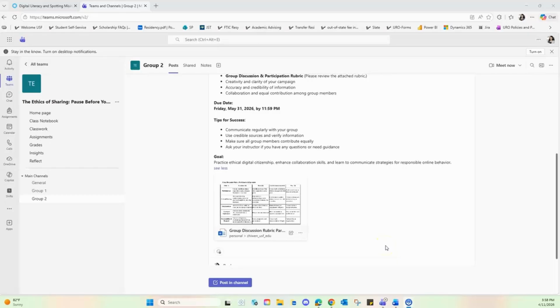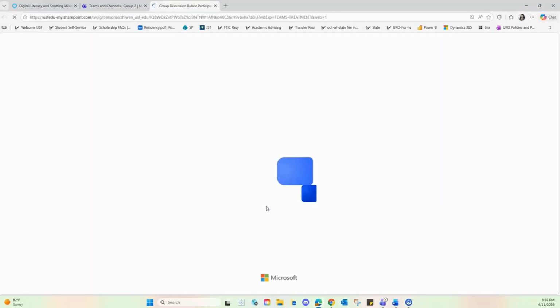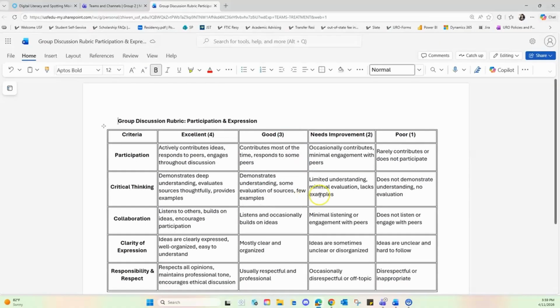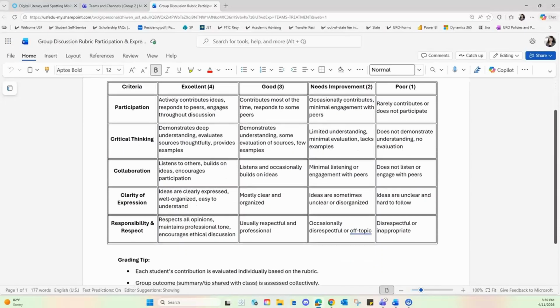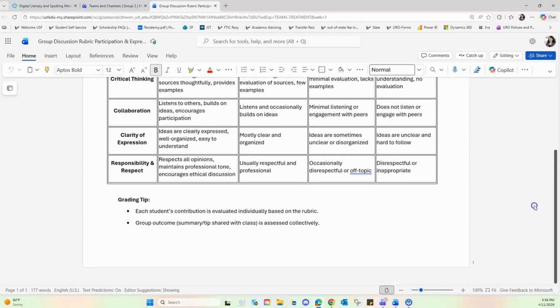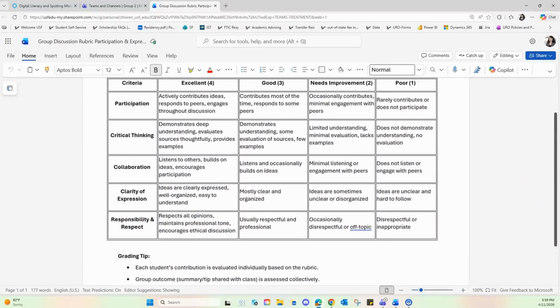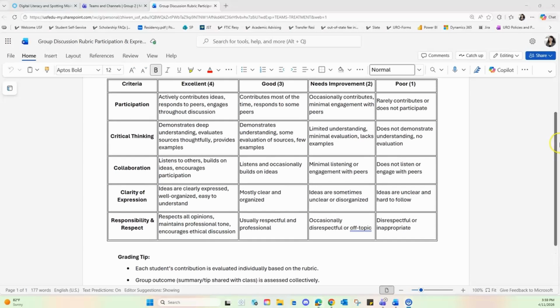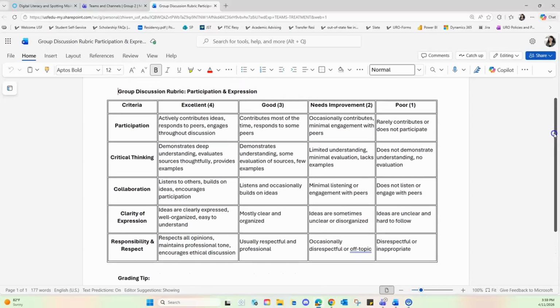To support this process, we include a structured discussion rubric. This is informed by collaborative learning and social interdependence theory, which highlights the importance of clear roles, accountability, and meaningful interaction in group learning.